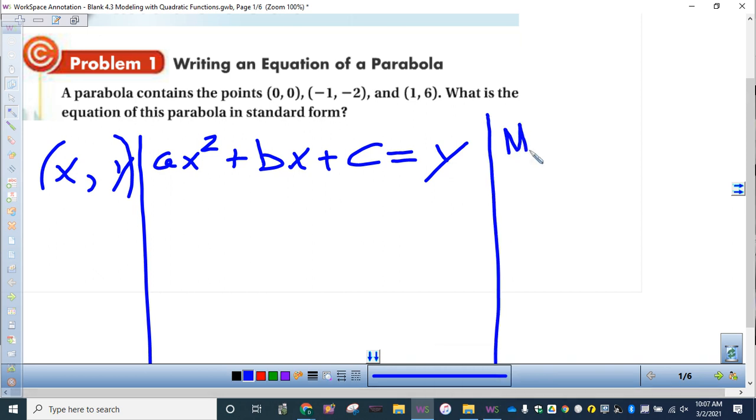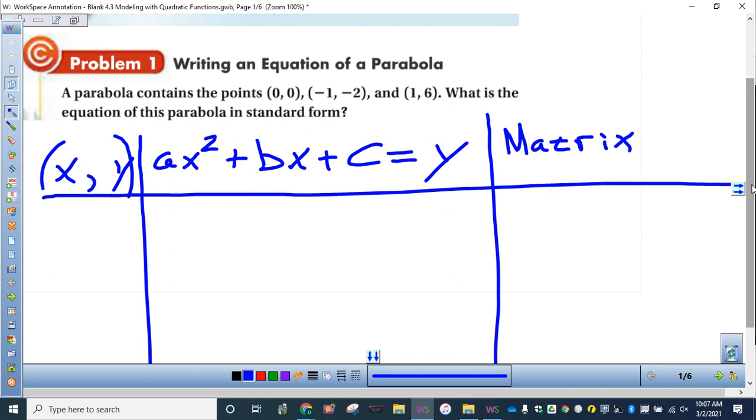You put the equals y at the end. And then the third column is going to be a matrix, not a matrix. So on the left here, we get the ordered pairs.